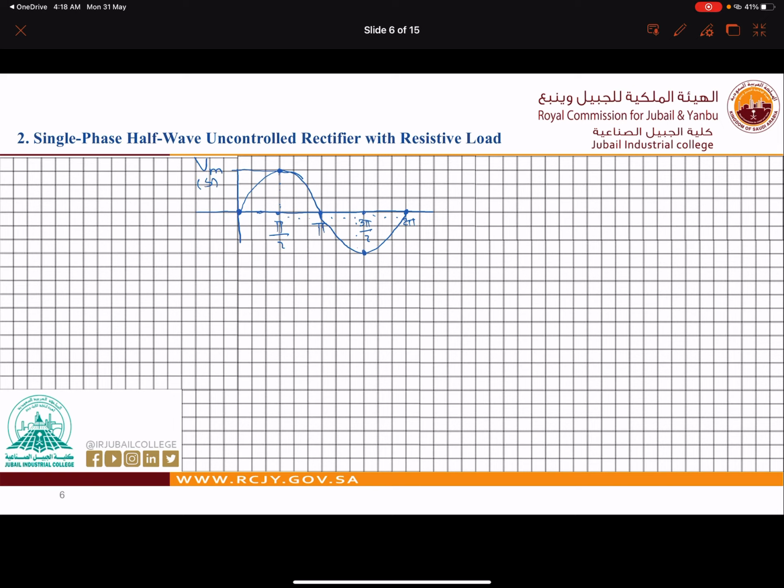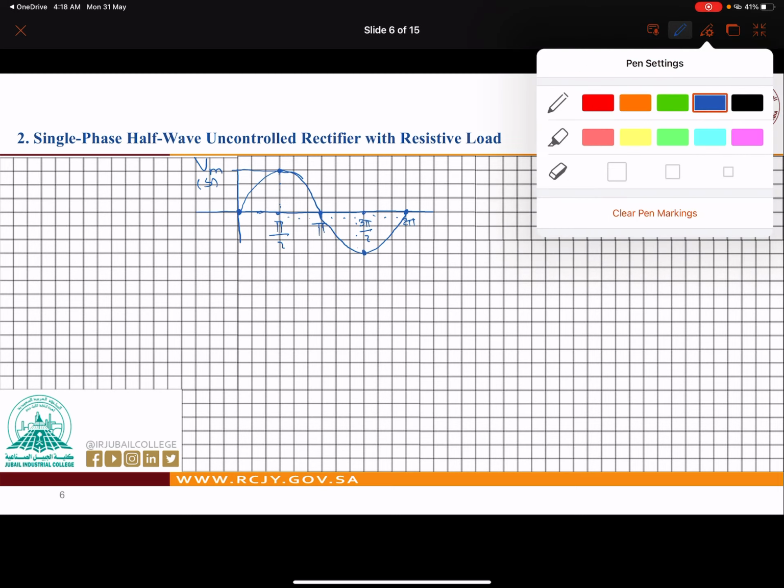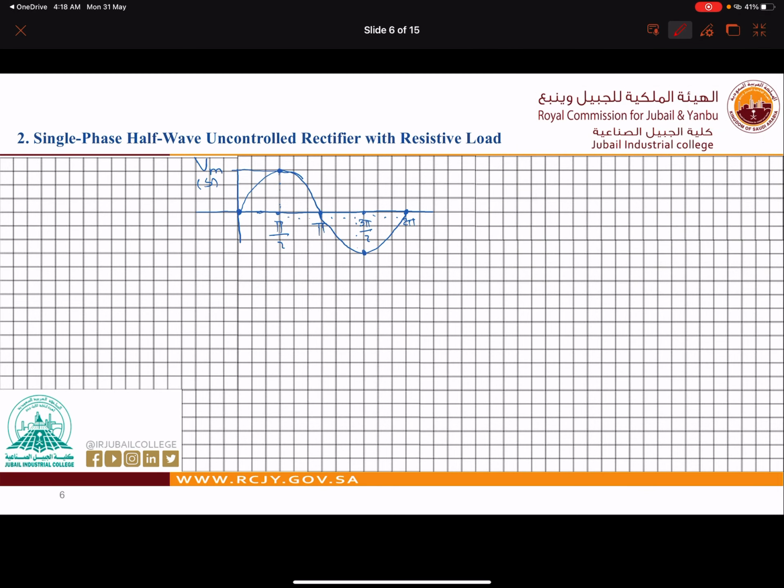Now if I want to draw the current, I will draw the current with the red color. Of course it will start from 0, and its peak will be at the same position as the peak of the voltage, but it is half. So this is our peak for the current, and it will come back to 0, and this is our peak of the negative current, and it will go to 0.